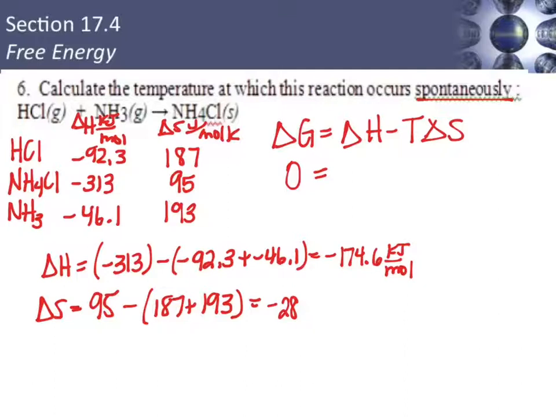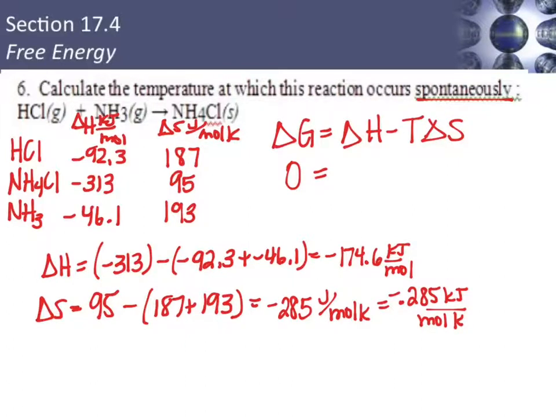I got 285. Joules per mole K. Okay, so one of these has to be converted. It doesn't matter which one you convert. I always just convert to kilojoules because I can just move that decimal over. And G usually is in kilojoules, yes.